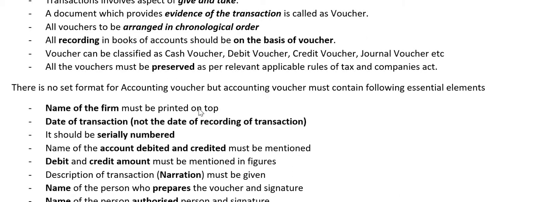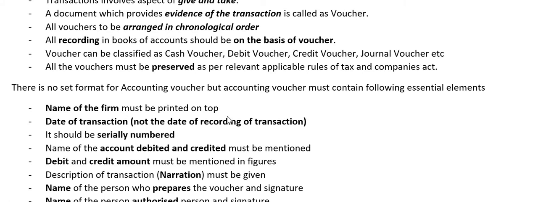First of all, the name of the firm. Every voucher must present the name of the firm, printed on top of the voucher. Then the date of transaction, the date on which the transaction occurred. That date has to be written on the voucher, not the date on which accounting records are prepared.